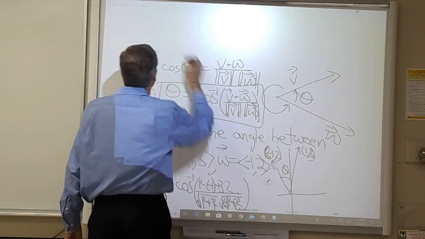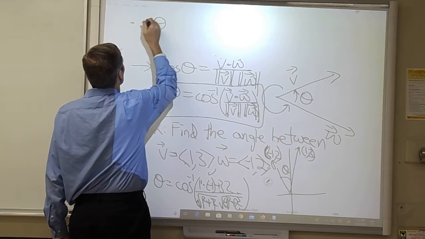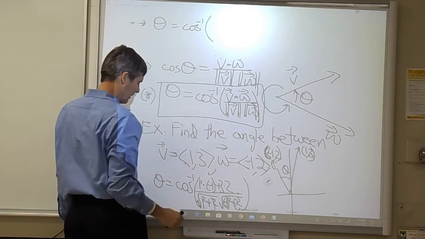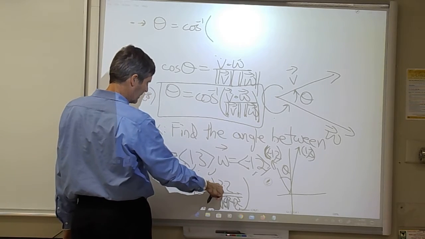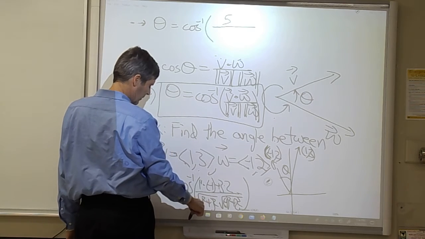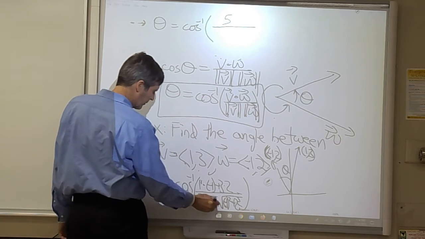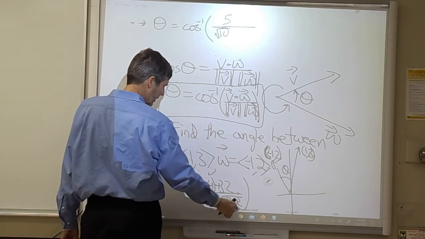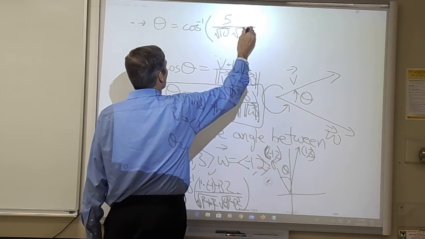So now theta is the inverse cosine of, let's see, -1 plus 6 is 5, over the square root of 1 squared plus 3 squared, which is the square root of 10, times the square root of 1 plus 4, which is the square root of 5.